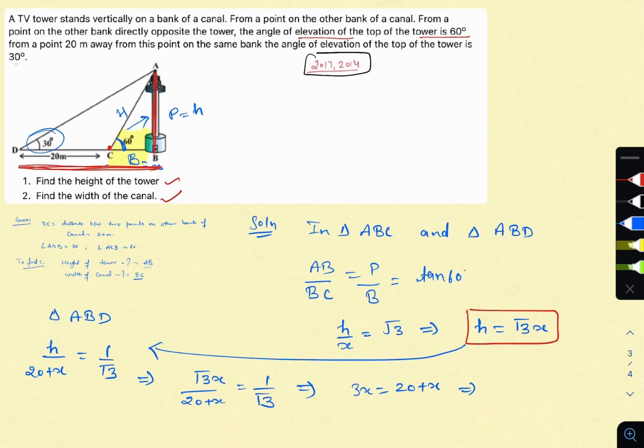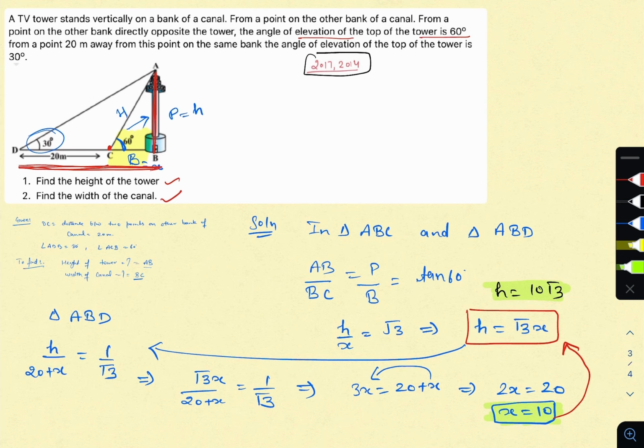Now simplifying by transposing x to the left hand side, it will be 2x is equal to 20, x is equal to 10, and use this value of x here. So we will get h is equal to 10 root 3. So these are the answers. This is the height of the tower and this x is the width of the canal.